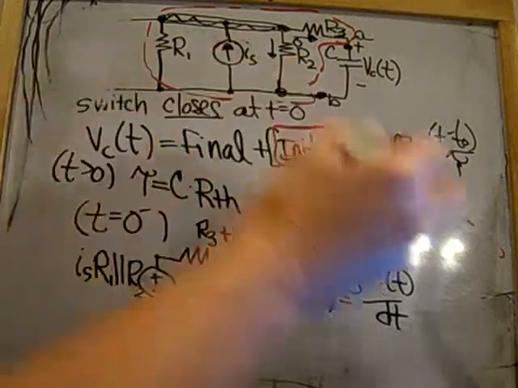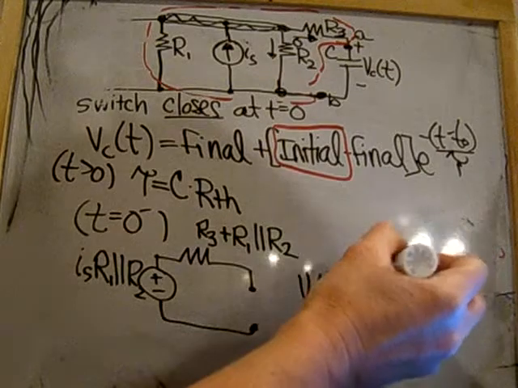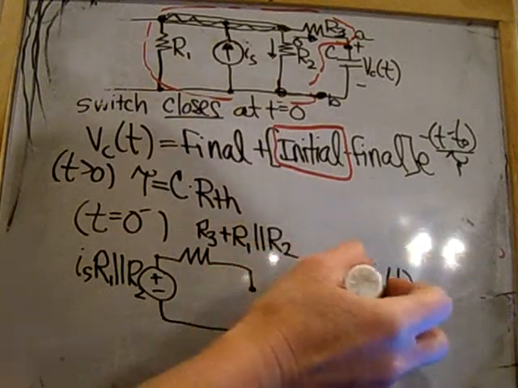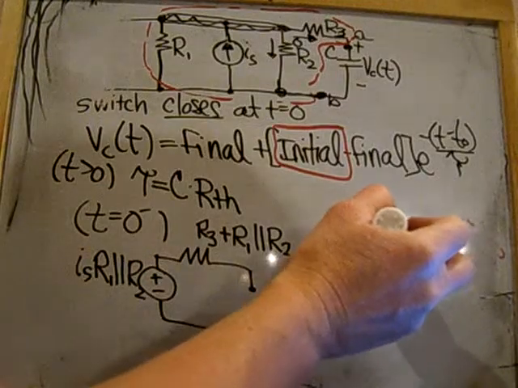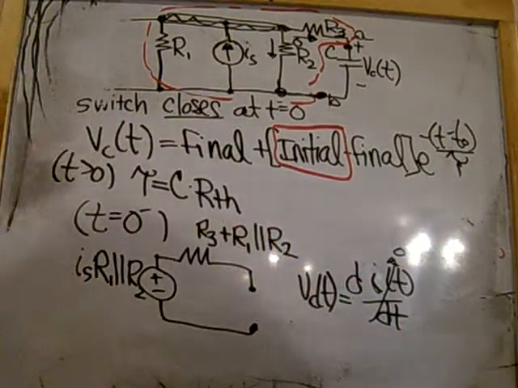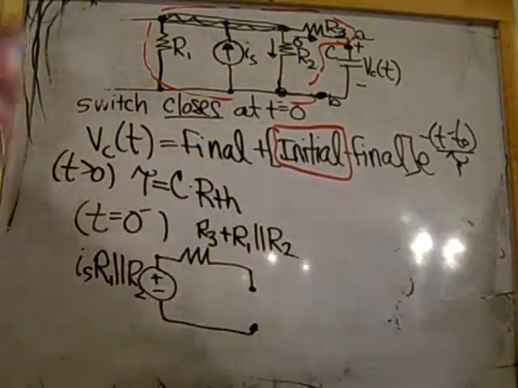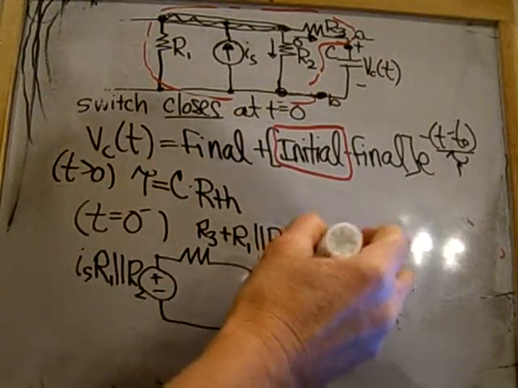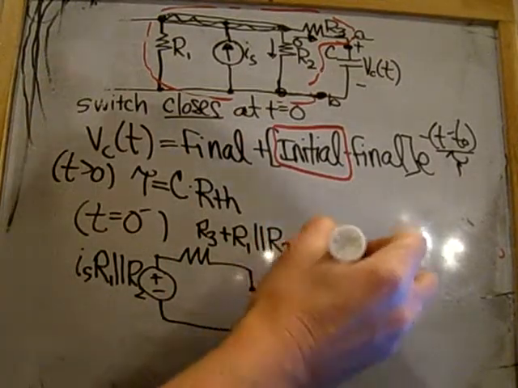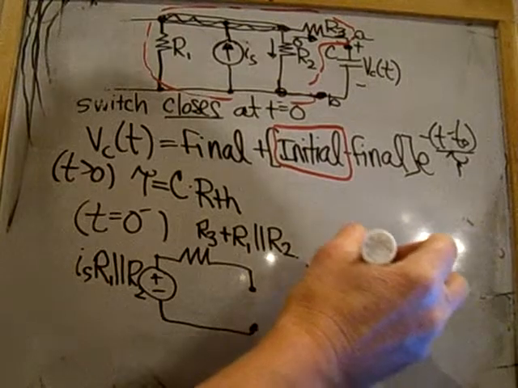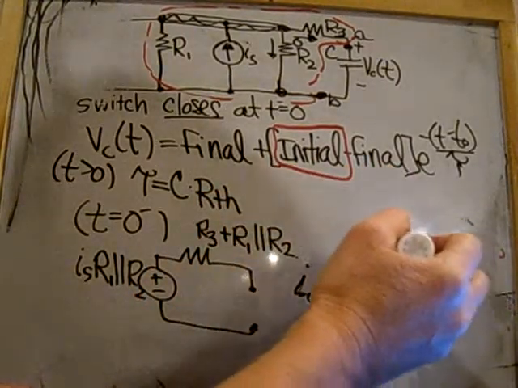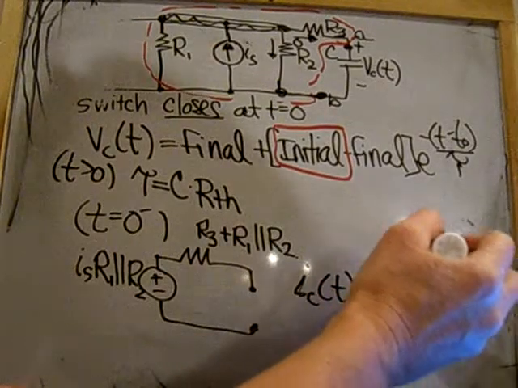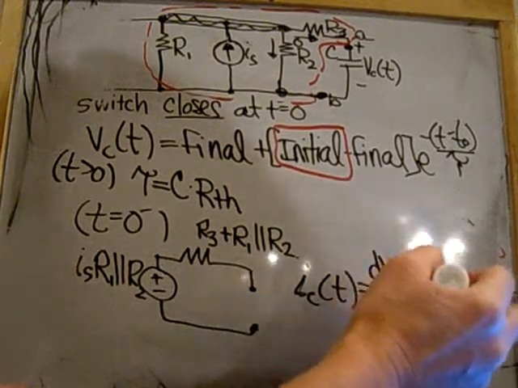The current flow through the capacitor, IC of t, is equal to the derivative of VC of t over dt.